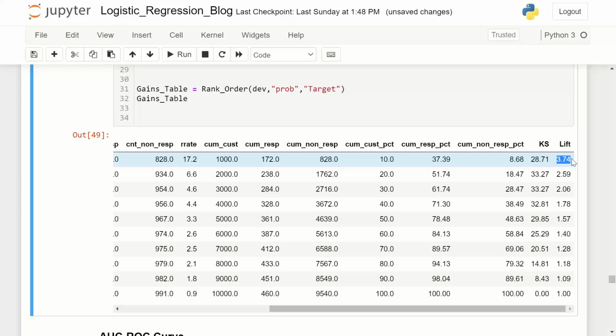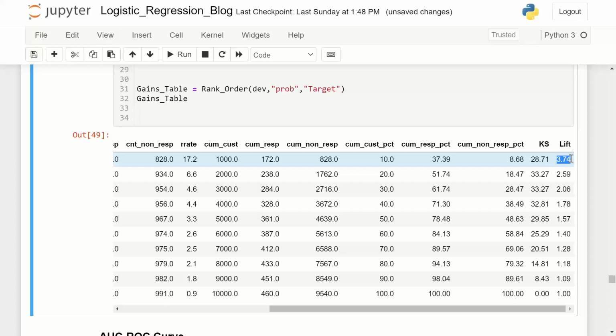Remember, for a good model, the lift in the topmost decile should be around 4 or 5. So either you go with KS statistics, that KS should be around 45, or you go with a lift in the topmost decile, saying my lift in the top decile should be above 4. It should be around 4.55.